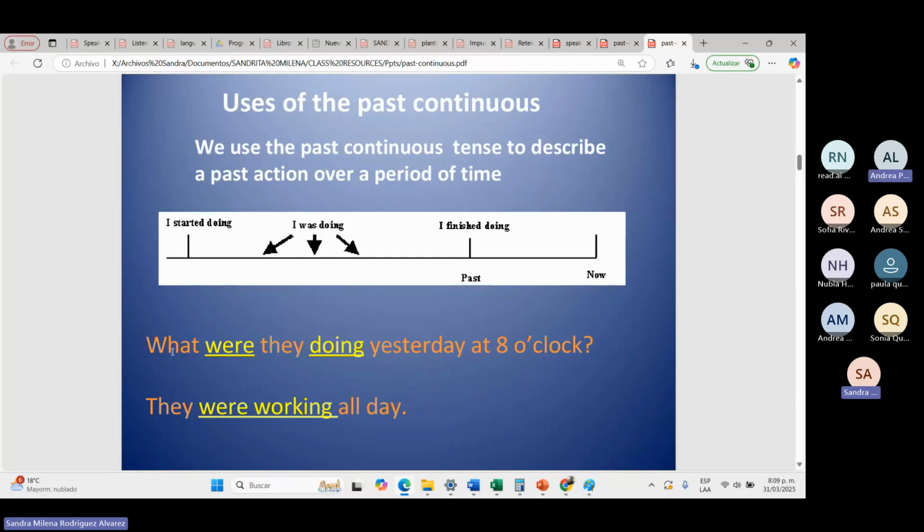For example, what were they doing yesterday at 8 o'clock? ¿Qué estaban haciendo ellos a las 8 de la noche? They were working all day. Ellos estaban trabajando todo el día. O sea, que a las 8 de la noche, at 8 o'clock, when they were working, he was also working. Okay?